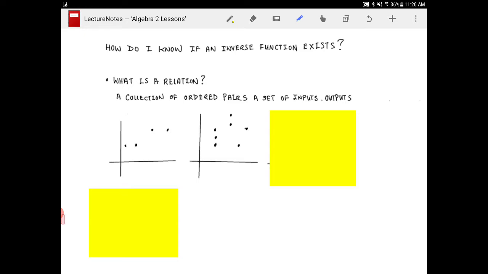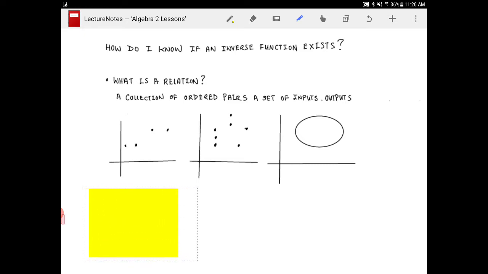So we can certainly talk about relations in this manner as points, or as I put it in the definition there, as ordered pairs. But we can also talk about relations not as ordered pairs, but as a set of points that are connected, that are drawn. This is an ellipse, and this can certainly be a relation. All the x and y coordinates that are on the ellipse form a relation.